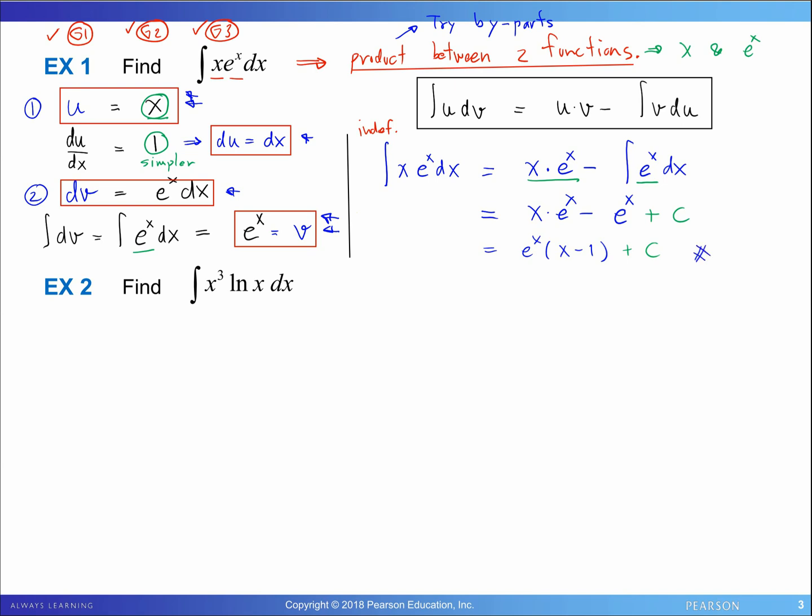Now let's move on to example number 2, down here. We need to integrate x cubed times ln x. As you can see, once again, we have to integrate a product between two different functions.